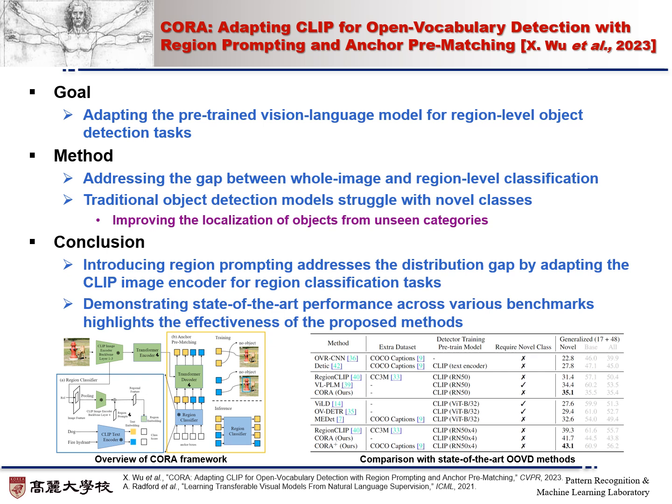Okay, conclusion. The core method proposed in this paper utilizes two core techniques, region prompting and anchor pre-matching based on CLIP, to overcome the limitations of image-text pre-training models.